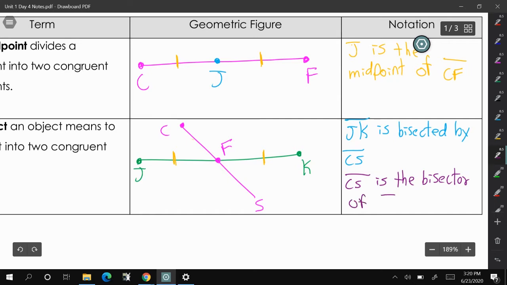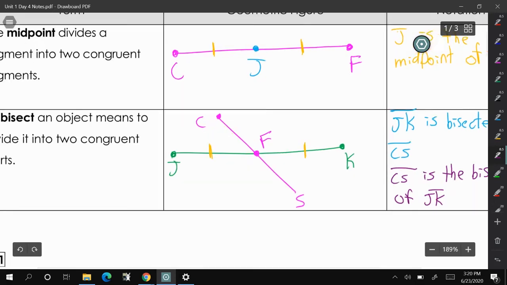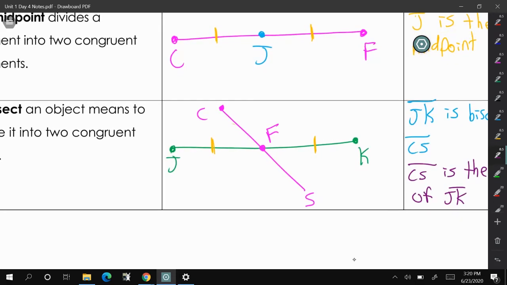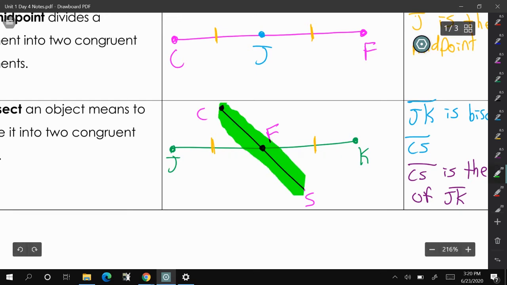of segment JK. Now, something to point out is that just because CS is bisecting JK, the reverse is not true. We do not know if JK bisects the segment CF right here.